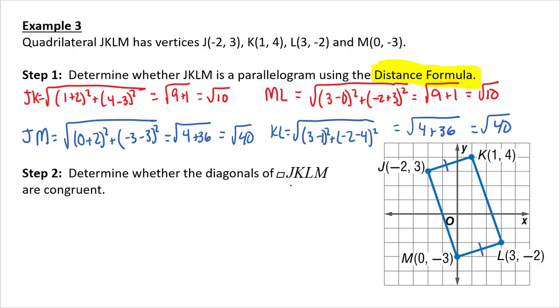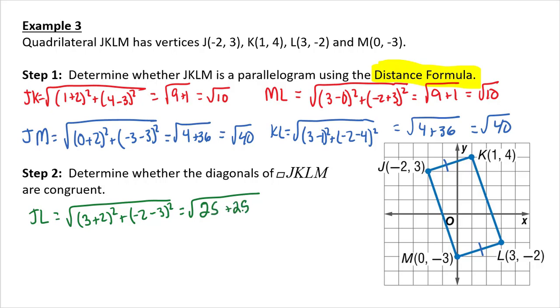Determine whether the diagonals of parallelogram JKLM, that little symbol means parallelogram, are congruent. So now I need to find JL. 3 minus 2 squared plus negative 2 minus 3 squared, so that simplifies to 25 plus 25, so that's root 50.